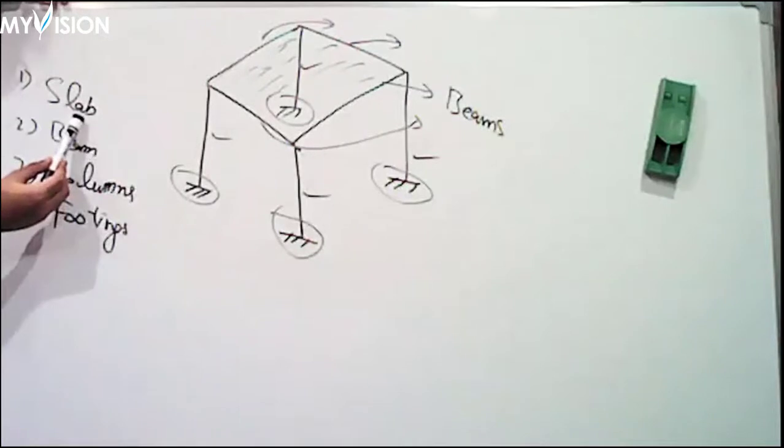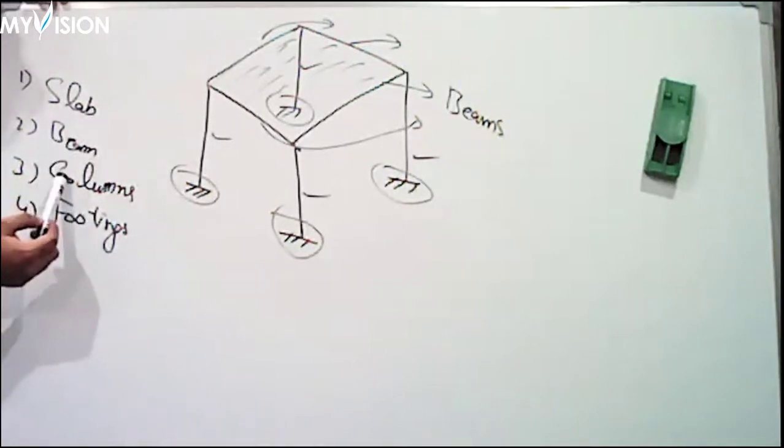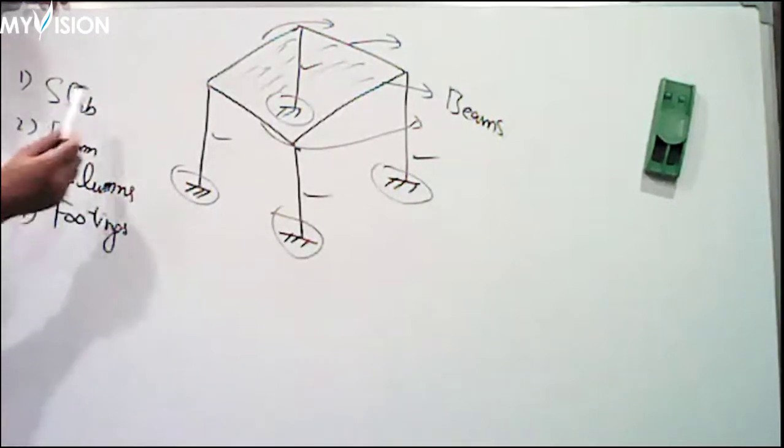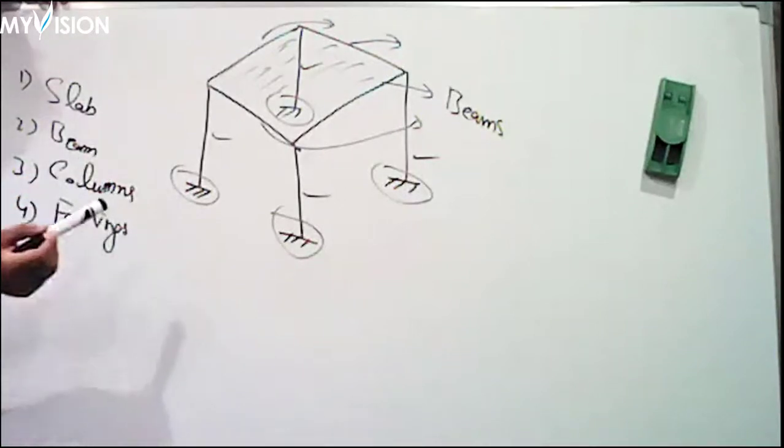The slab design and the loads of the slab will be transferred to the beam. When you design the beam, you transfer these loads to the column. When you design the column, you transfer these loads to the footing. Step by step: slab, beam, column, footing.